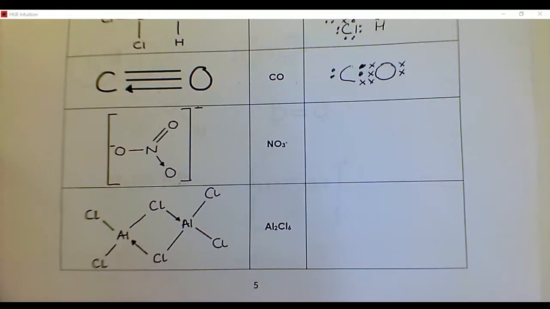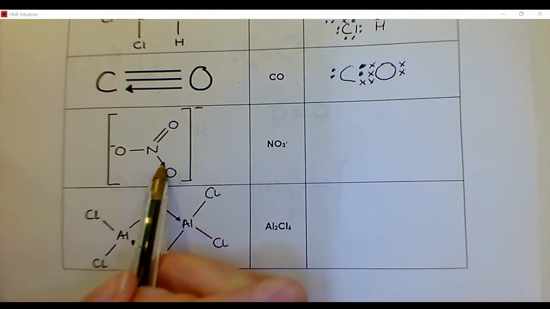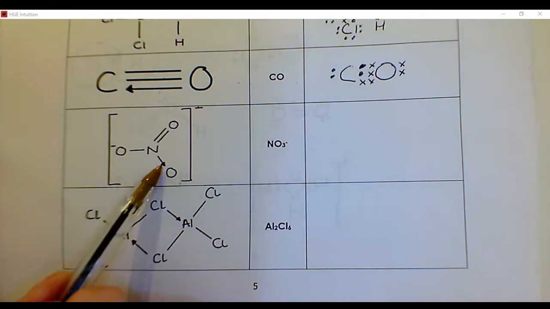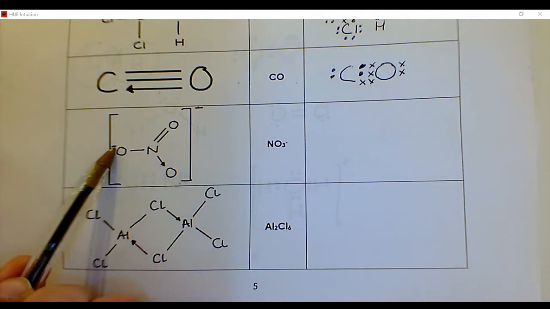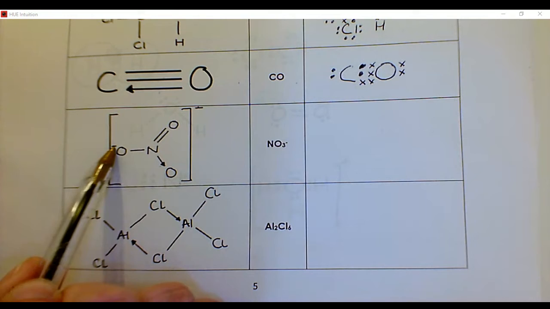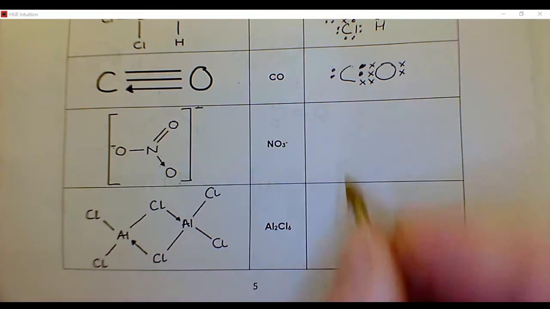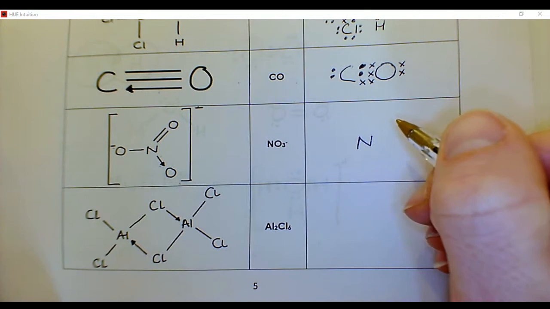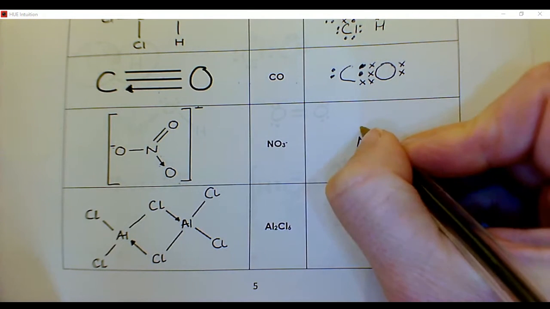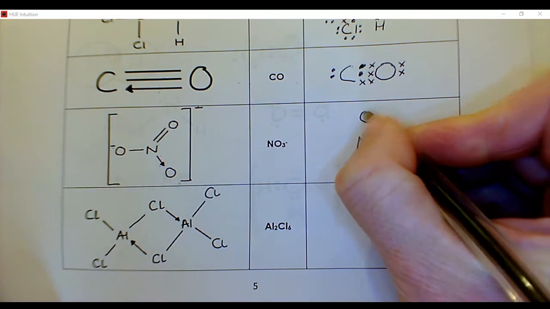Now, the nitrate ion. Okay, so if you look here, you've got a coordinate bond, and you also have a negative charge on the oxygen. So we're going to talk about what that means. So let's have a look first. So we've got nitrogen. And let's do the double bond oxygen.